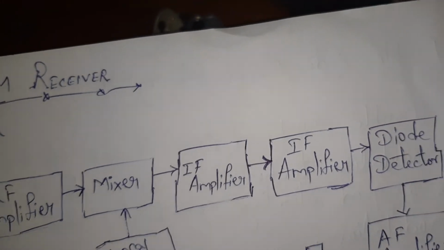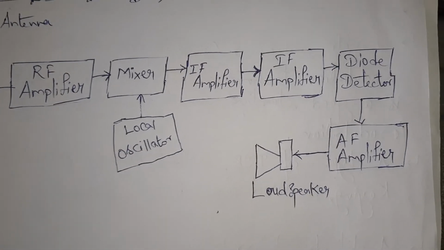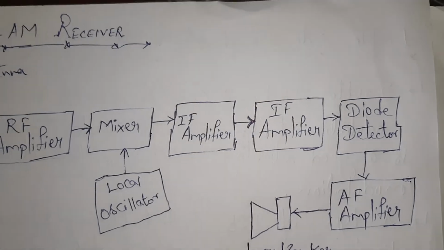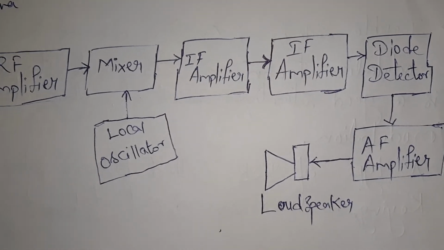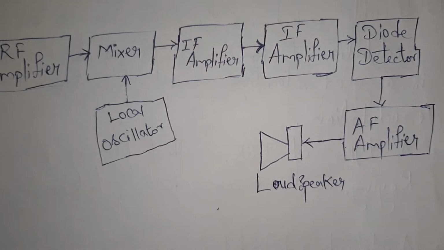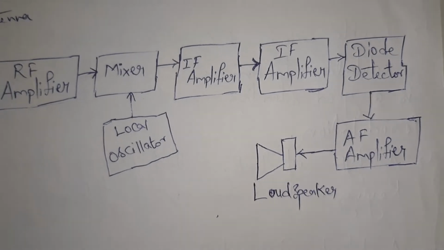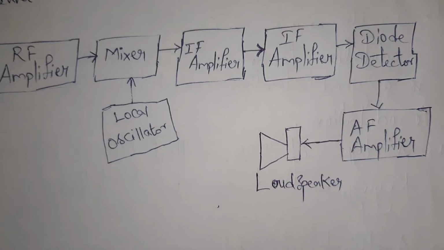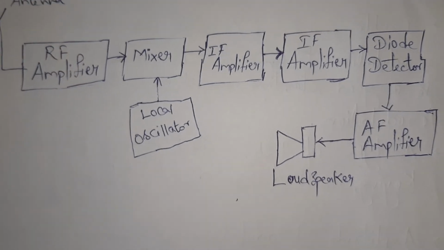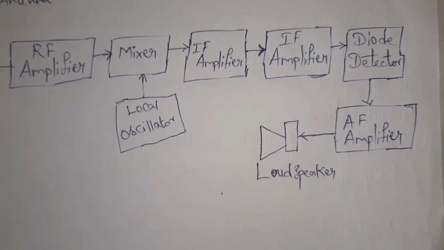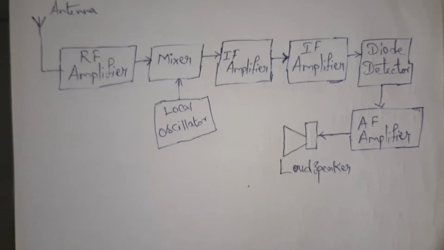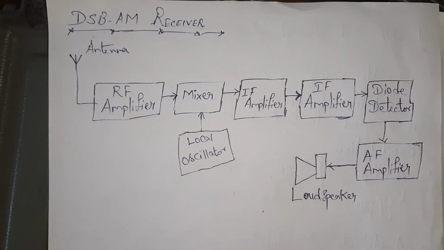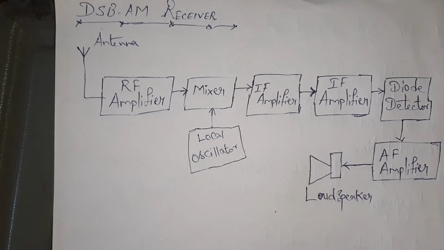Later on, the diode detector output we can provide to the AF amplifier, that is, the audio amplifier. At the input of the audio amplifier, a low pass filter is used to remove the IF ripple and a capacitor blocks the DC voltage level. In the figure you can observe that in the diode detector we are using one resistor and one capacitor.